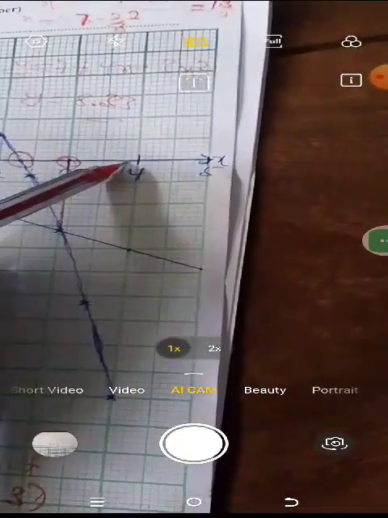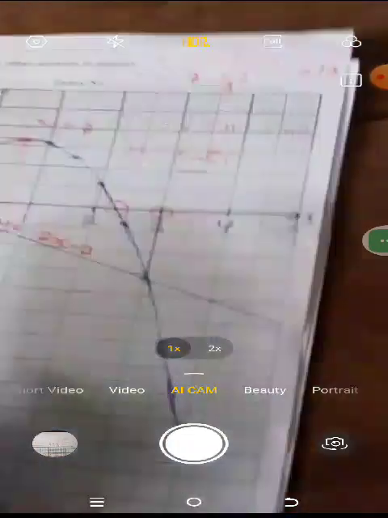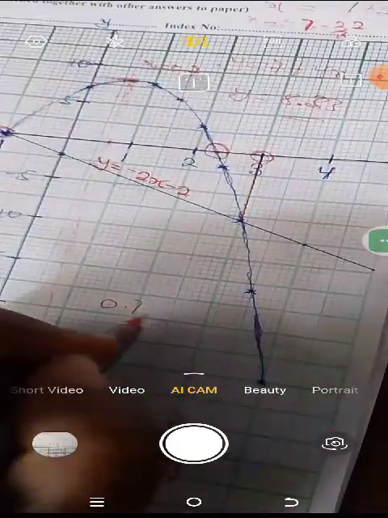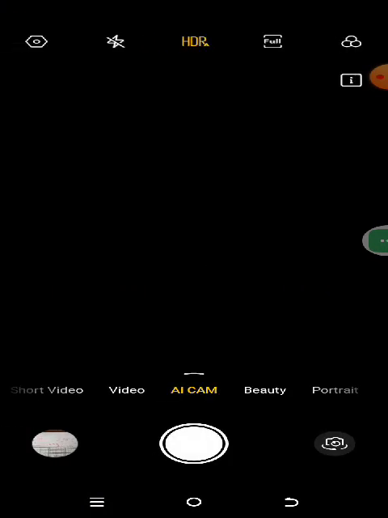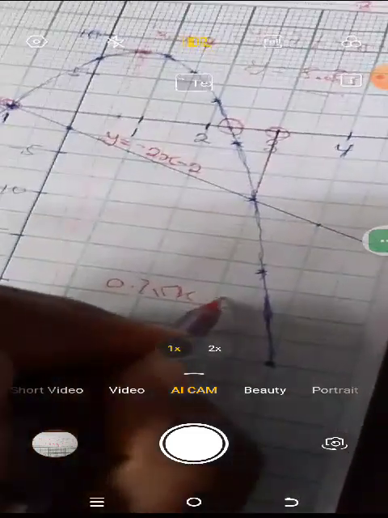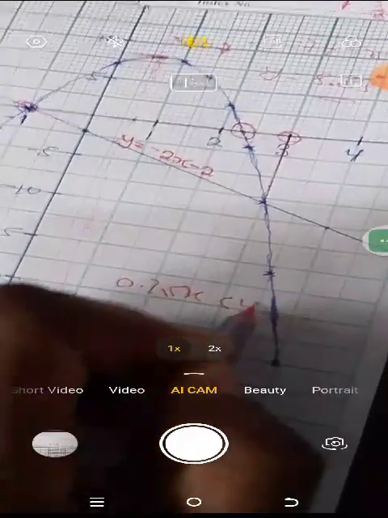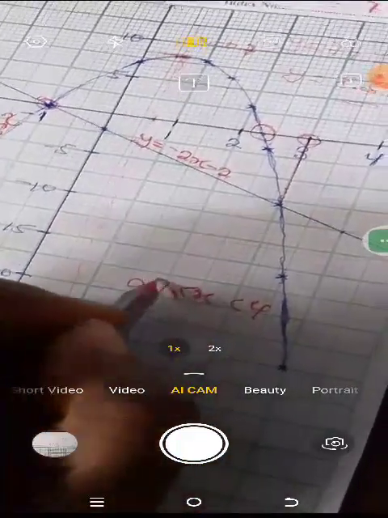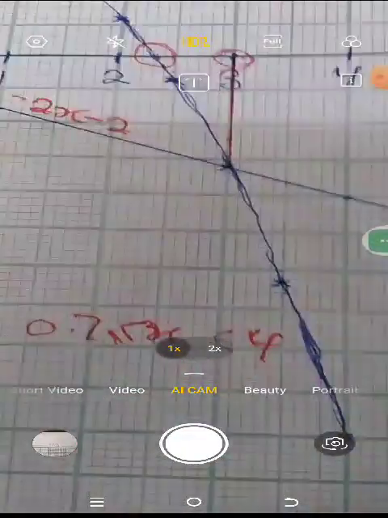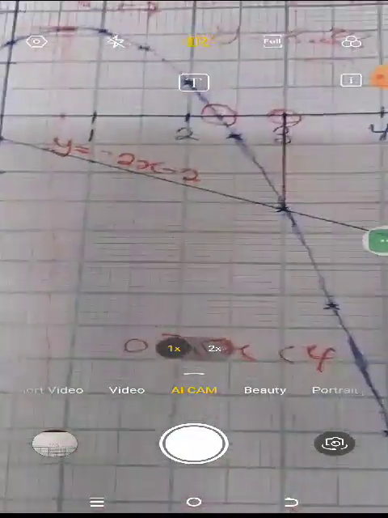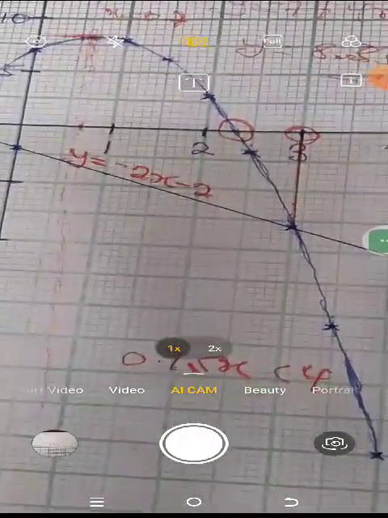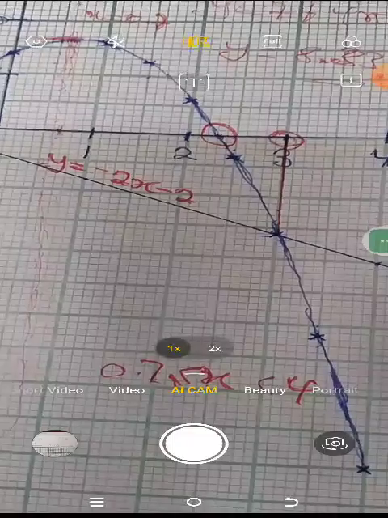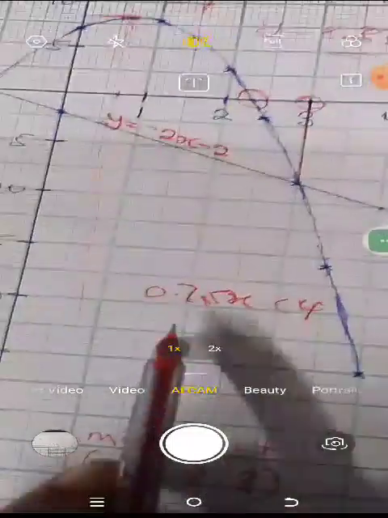So here we said 0.7 to 4. So here, the value of x for which the graph is decreasing or the graph will be negative is this, from 0.7 to 4.